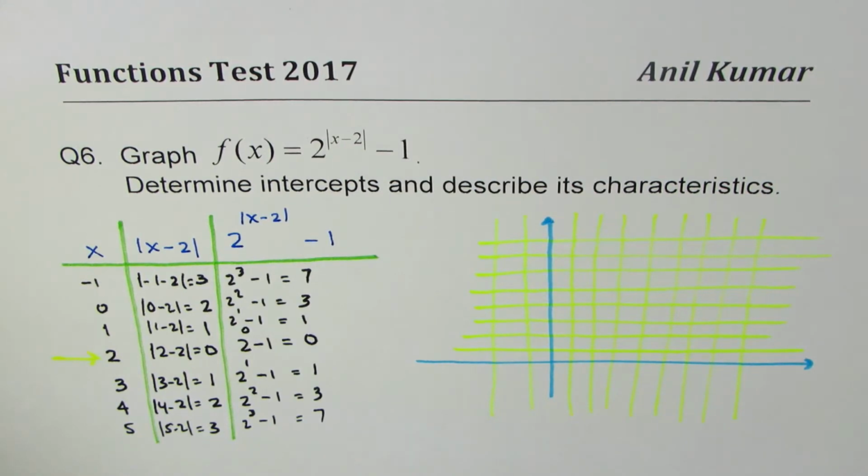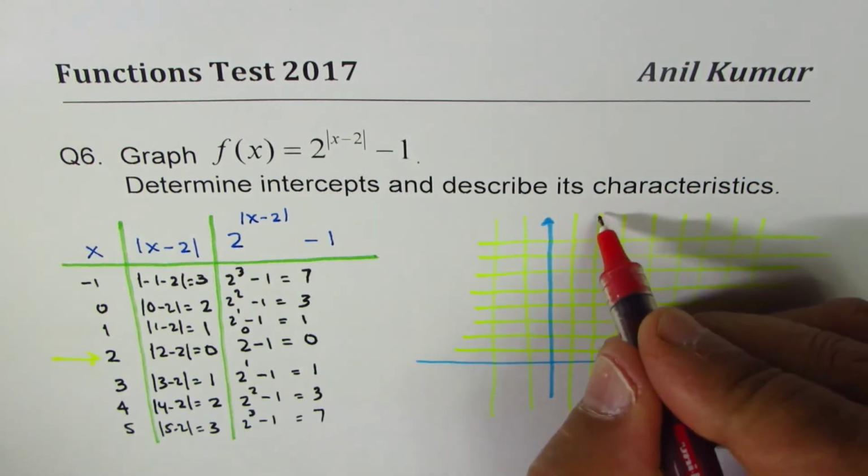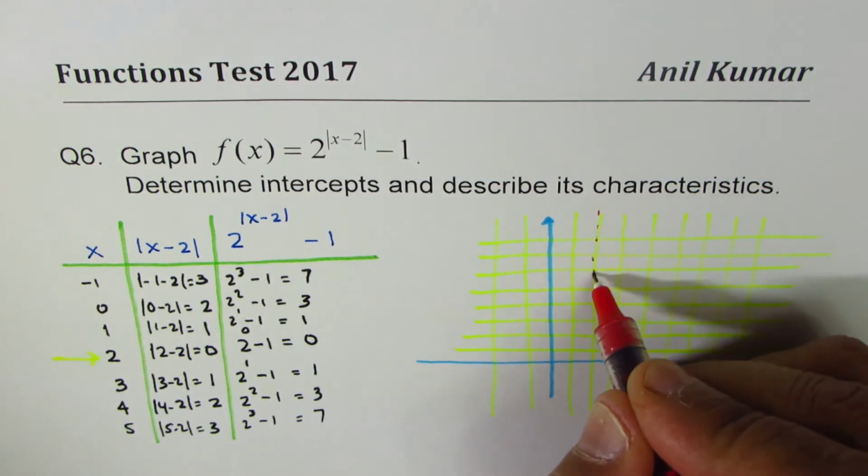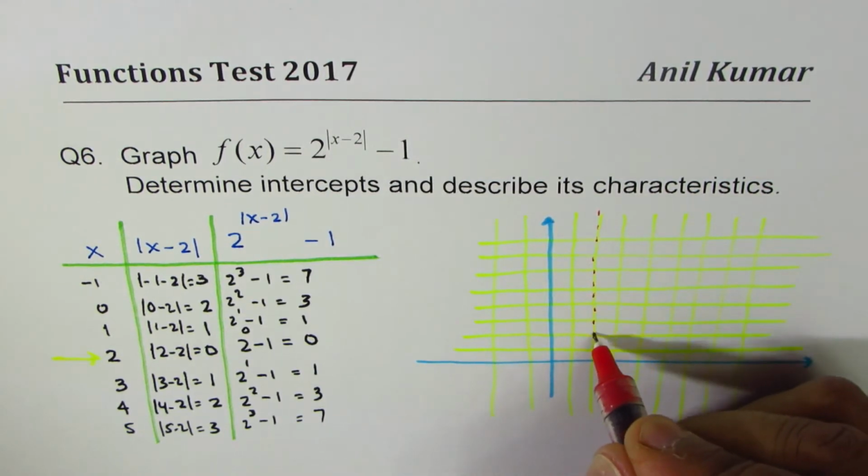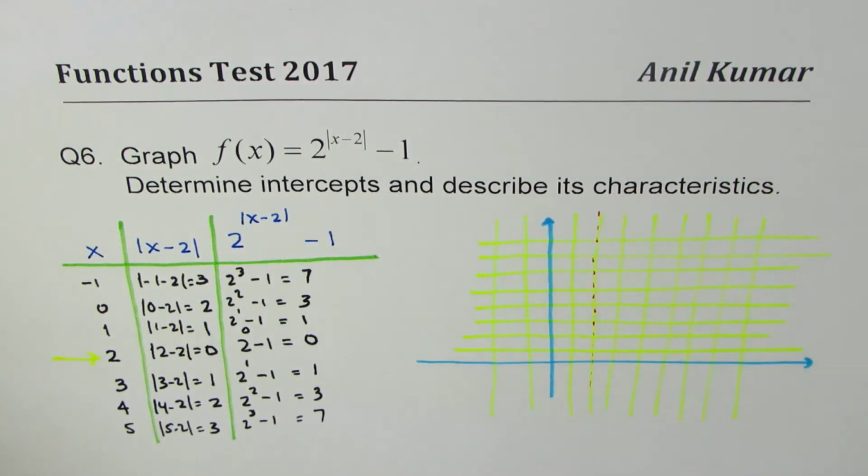So what we observe here is that we do have symmetry about x equals 2. These dotted lines are not for a vertical asymptote, right?